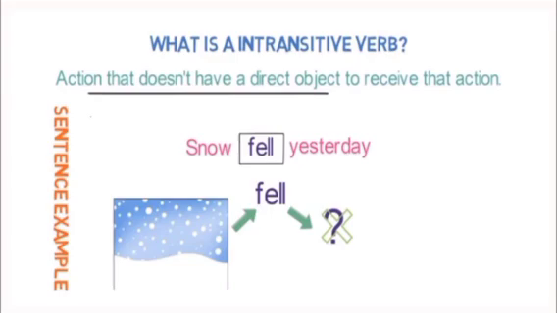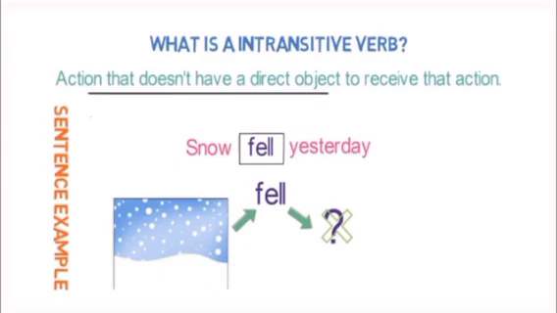Let's look into the sentence example. Snow fell yesterday. Here, snow is the subject and fell is the action, but we cannot say the snow fell on whom. In other words, there is no direct object to receive the action, so it is an intransitive verb.